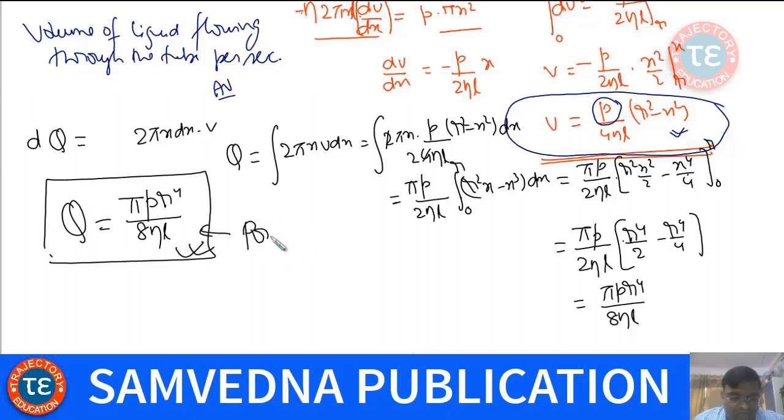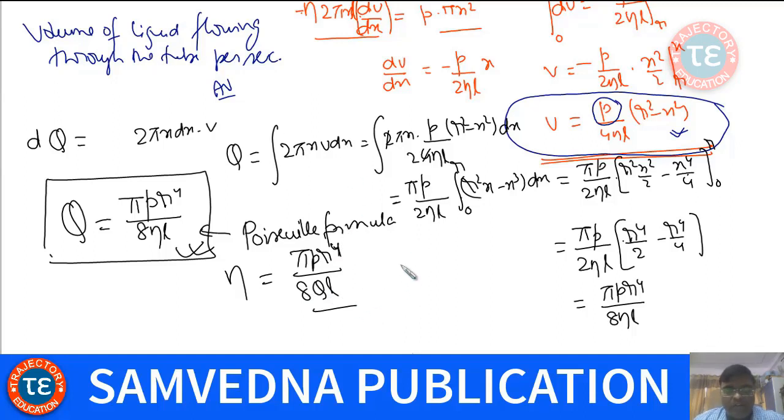This is the Poiseuille formula, right? From here you can also get eta, that will be, with Q the volume flowing per second, eta will be pi P r4 upon 8QL, right?